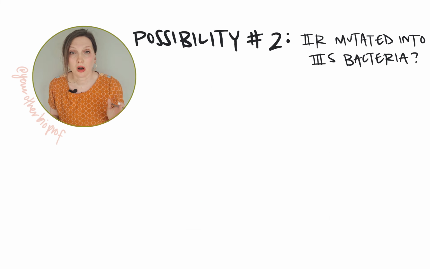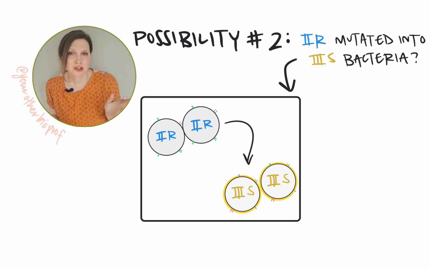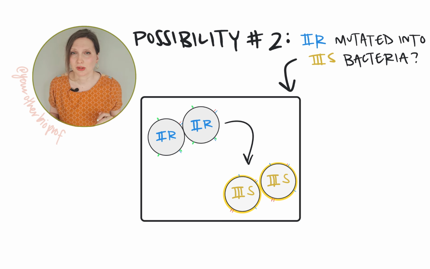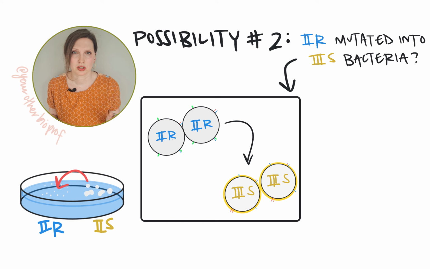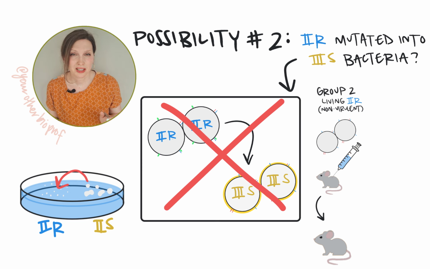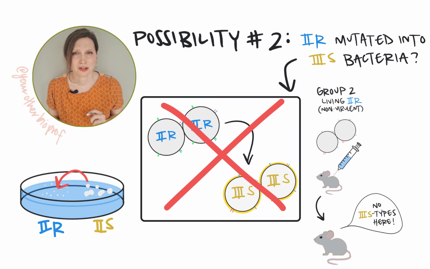Well, maybe the living 2R bacteria just mutated into 3S bacteria. After all, they already knew spontaneous mutations could change smooth bacteria to rough, 2S to 2R, or back, but Griffith controlled for that possibility too. In the second group of mice injected with just 2R bacteria, there was no conversion to 3S. None of the mice got sick.